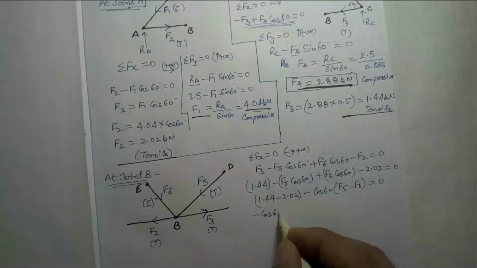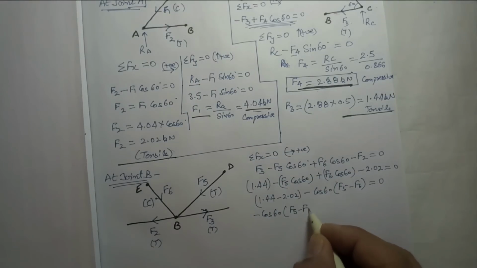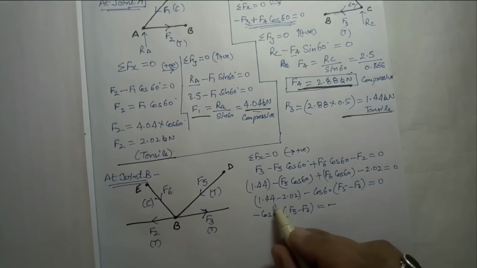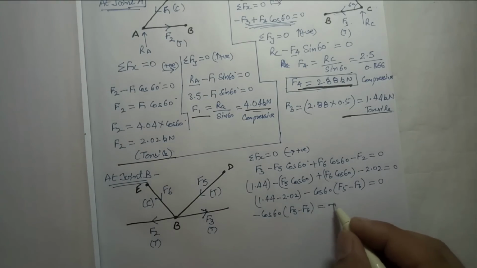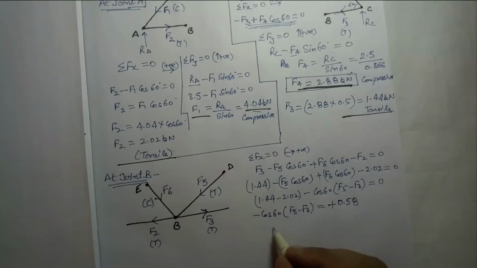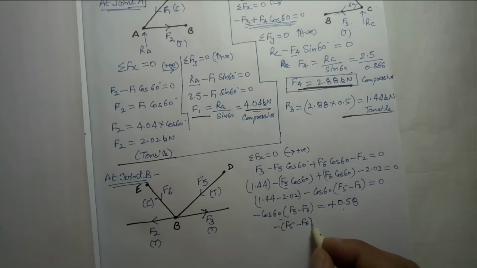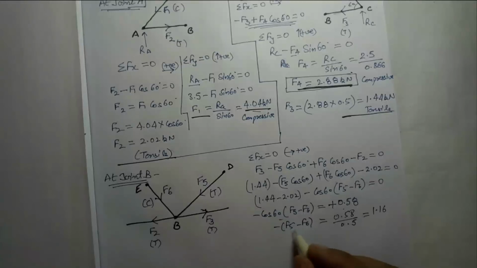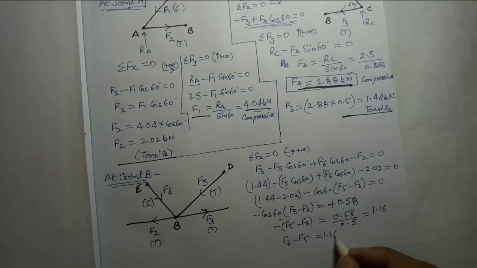So minus cos 60 (F5 minus F6) is equal to, it will go there, and when you calculate it is coming minus 0.58, so it will now be plus 0.58, and then cos 60 we know is 0.5, so it will go down, so minus (F5 minus F6) is equal to 0.58 divided by 0.5, and we are getting 1.16. So we can say, when we open this, F6 minus F5 is equal to 1.16.